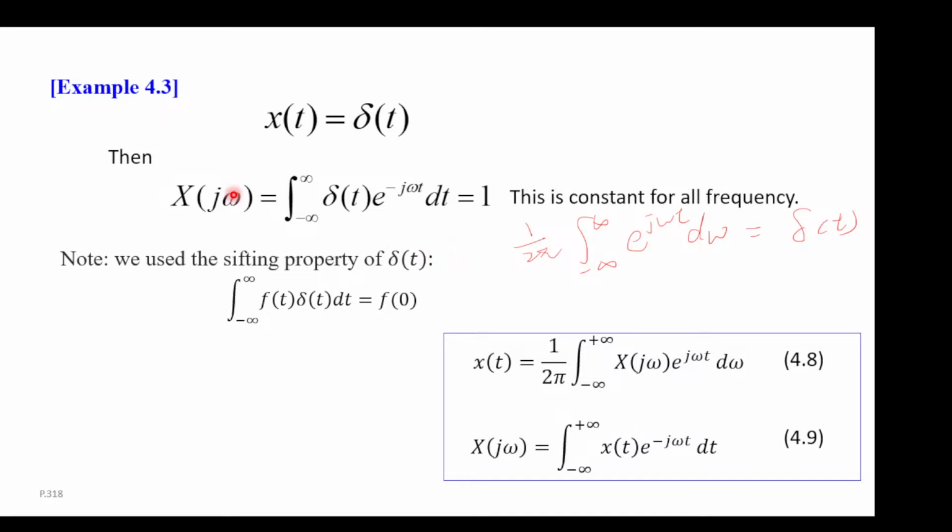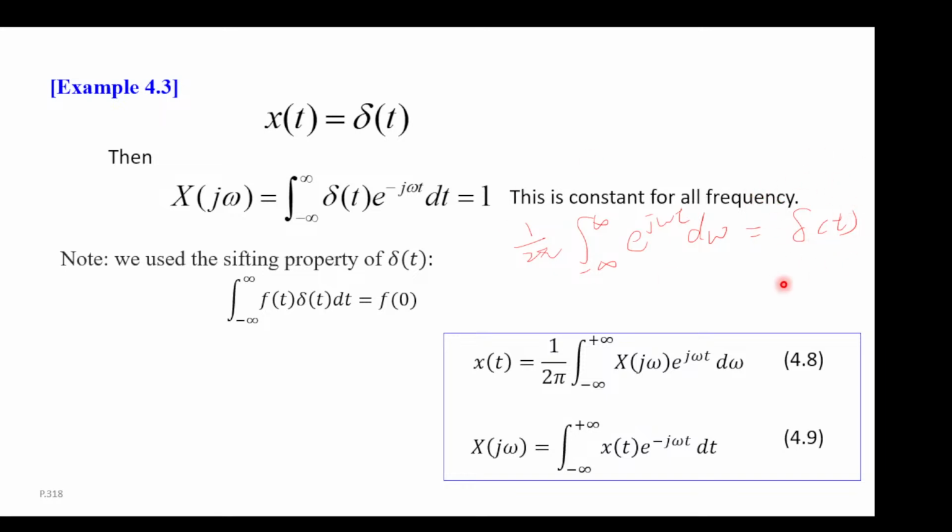Even though this x of j omega doesn't quite satisfy the integrability condition because it's not absolutely integrable, and if you try to integrate it, it's infinity, we still think this equation holds. So 1 over 2 pi, the integral from minus infinity to plus infinity of e to the j omega t d omega, we think is the delta function. You can see this integration doesn't quite work because you don't get a nice finite function, you get this delta function here.